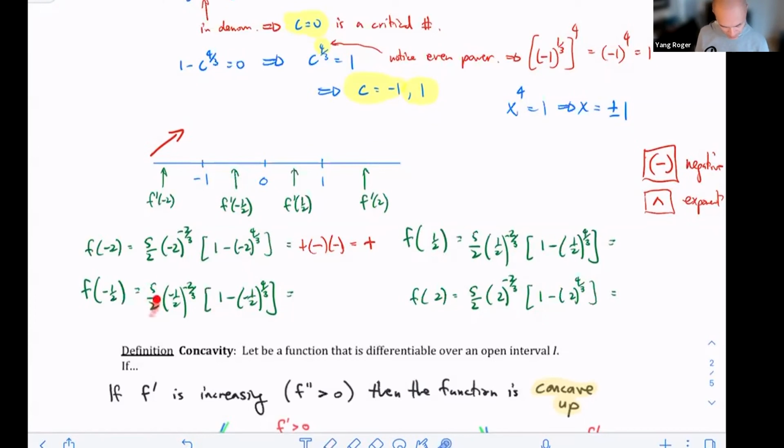Again, this part here is positive. Hold on one second, let me check one thing. Shoot, I messed up, sorry.